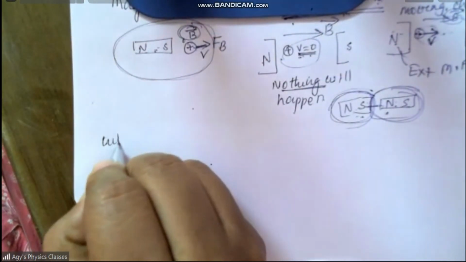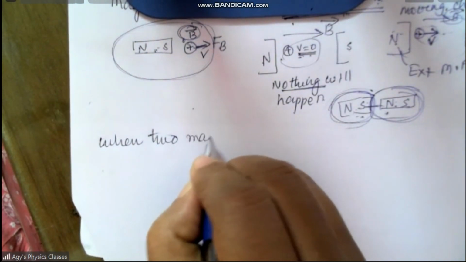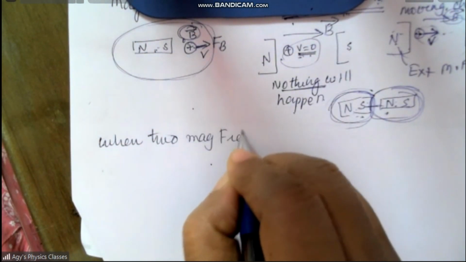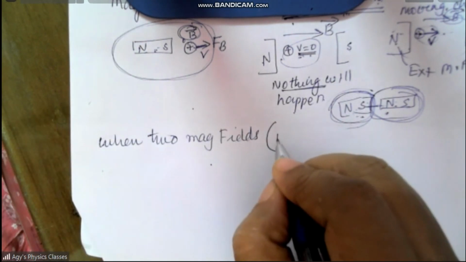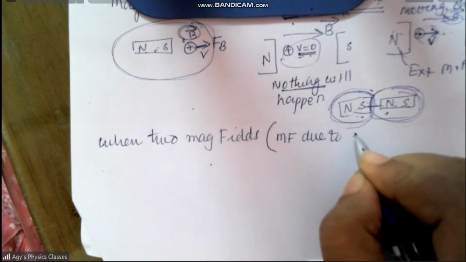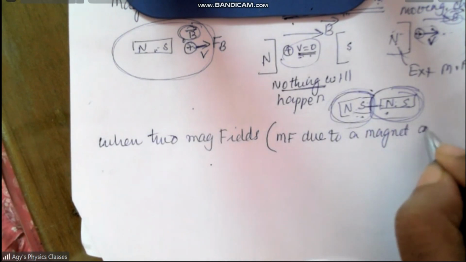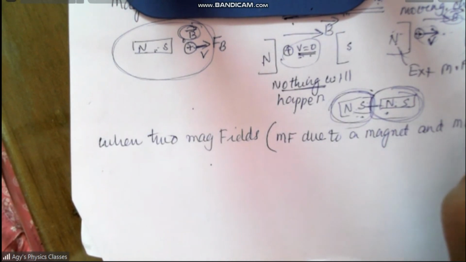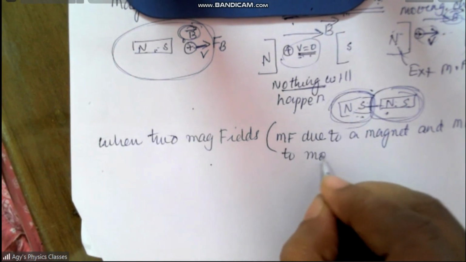I'll say once more. When two magnetic fields interact, what are the two magnetic fields here? The magnetic field due to a permanent magnet and the magnetic field due to the moving charge.